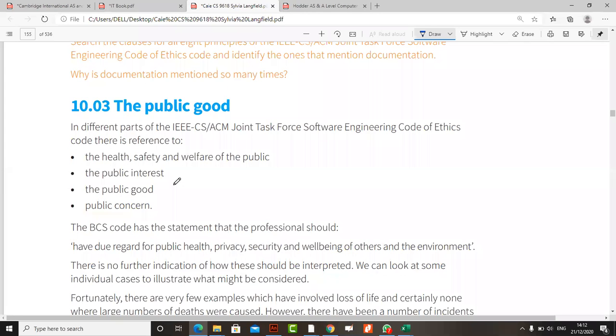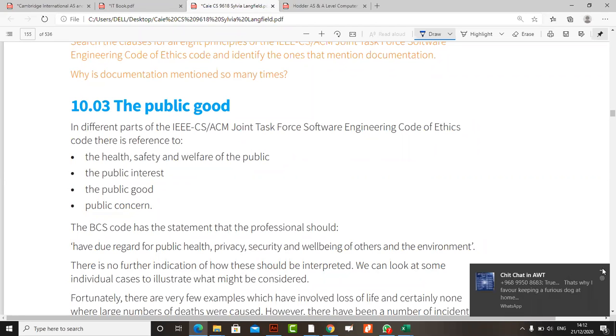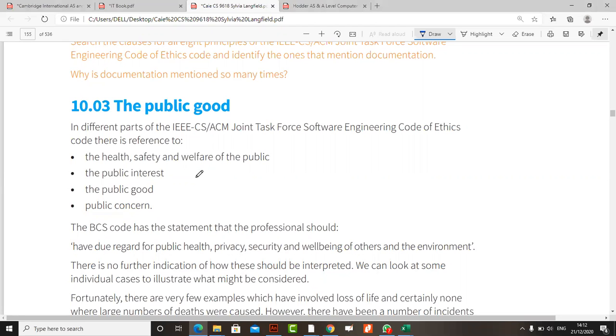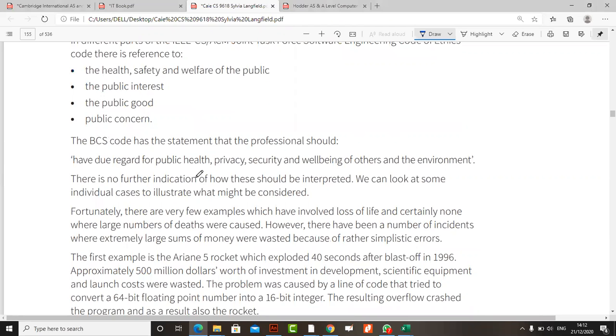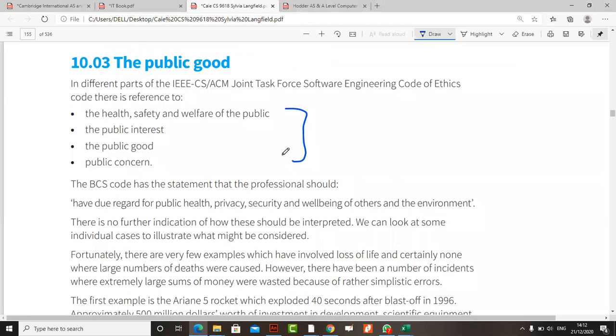The public good. In the different parts of the IEEE Joint Task Force Code of Ethics, there is a reference to the health and the safety and the welfare of the public, the public interest, the public good, the public concern. What does it actually mean? We can talk about this as well, because as far as program codes are concerned, they're quite important.